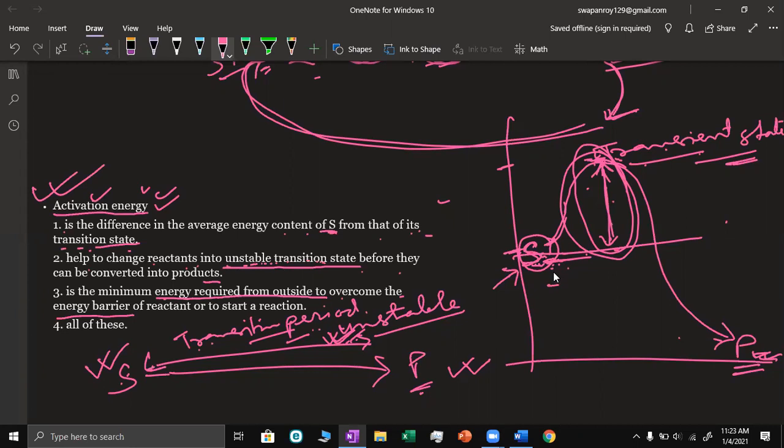So to change from substrate to product, there is a barrier of energy, a hindrance, and this hindrance is of energy requirement.